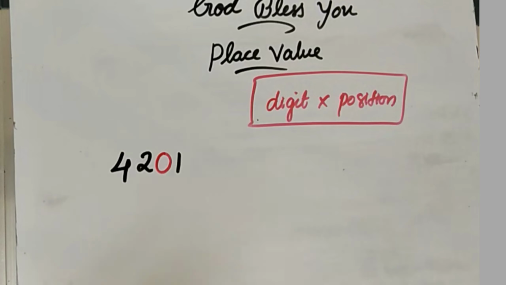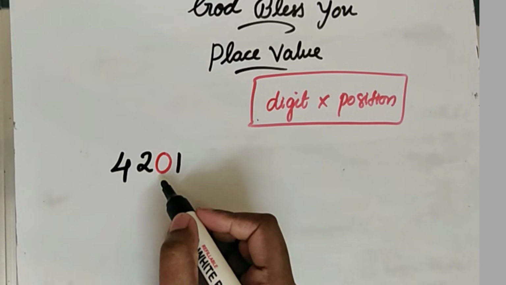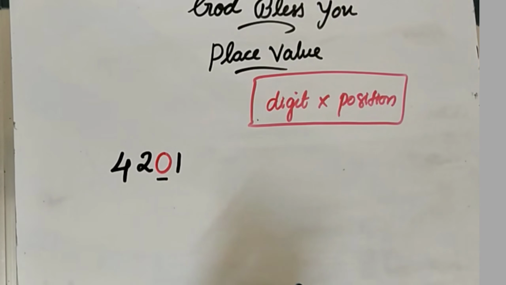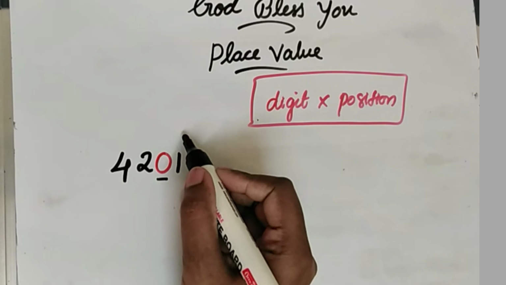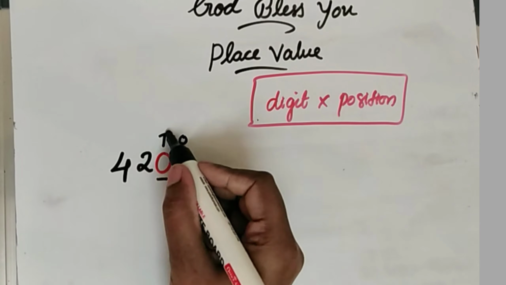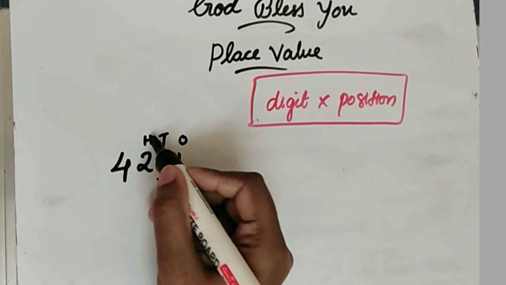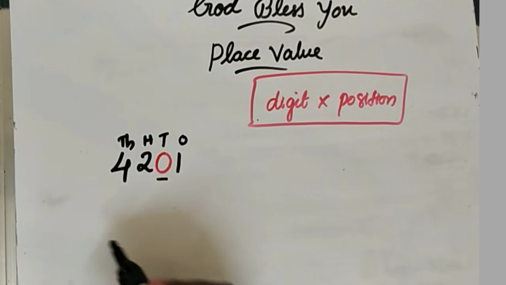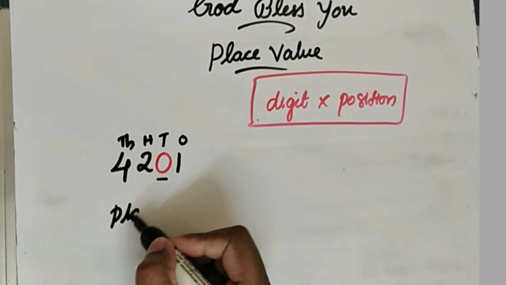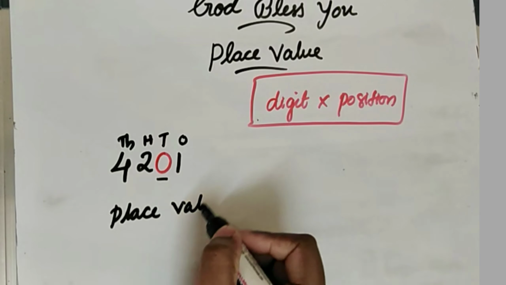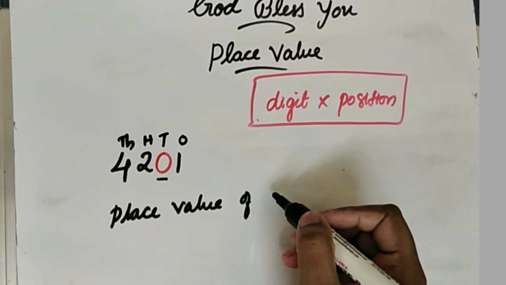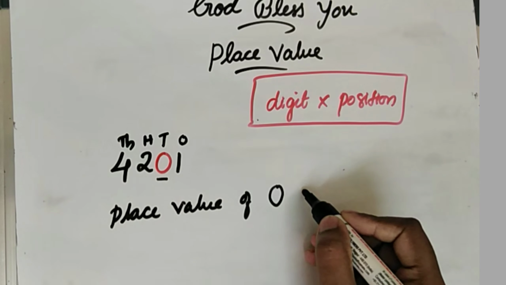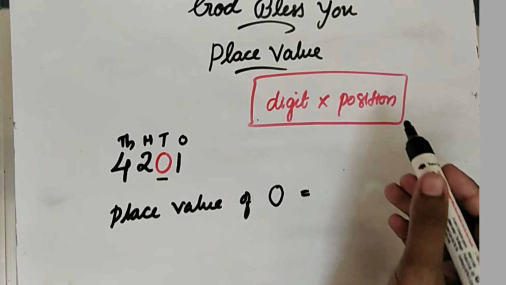In this example, find the place value of 0 from the given number. We know 1 is at 1's position, 0 is at 10's position, 2 is at 100's, and 4 is at 1000's position. The same way, we can write place value of 0 equal to digit with its position.